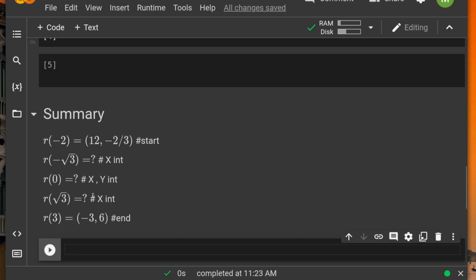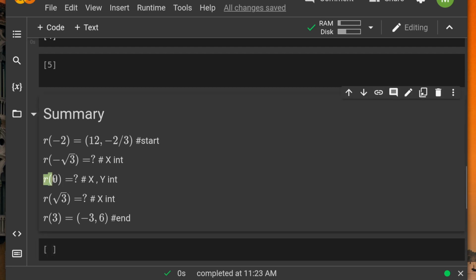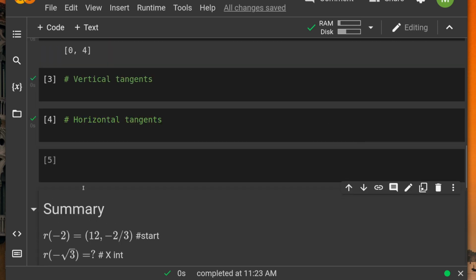Okay, and now we can immediately see that if the parameter takes on the value 0, we've got both an x and a y-intercept. So we expect this to be the origin. The only point that is both an x-intercept and a y-intercept is, of course, the origin. So when we work out the value of r0, we expect to get the origin here.